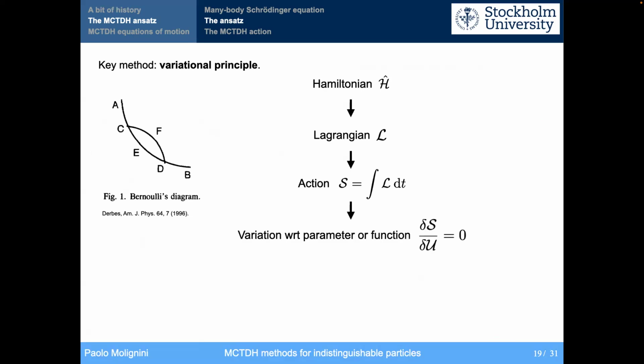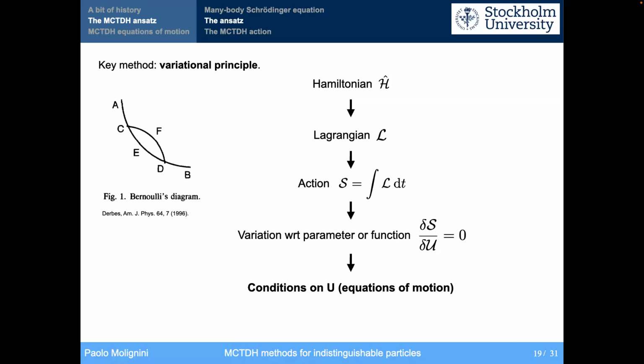And then you want to use the principle of least action. So you want to find the variation with respect to certain parameters, certain functions. In this case, it would be our type of decomposition ansatz. So you want to find a variation of it that is zero. So you want to minimize the action with respect to a change in parameters.